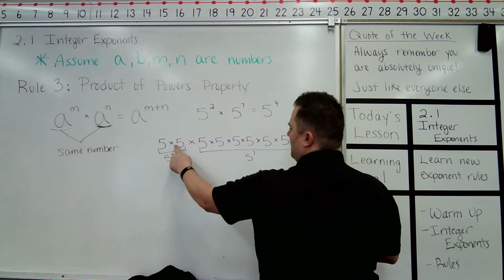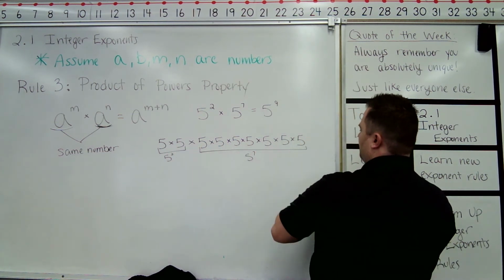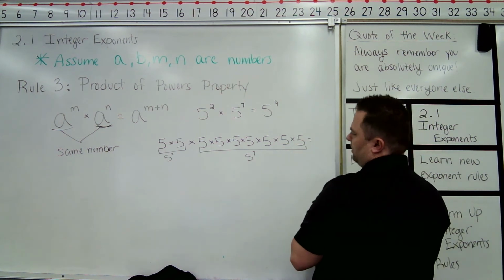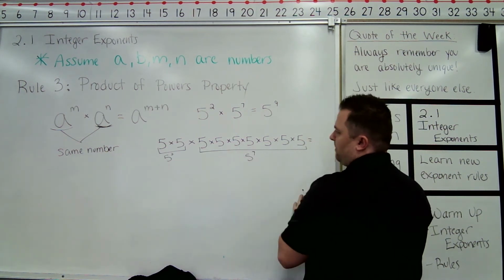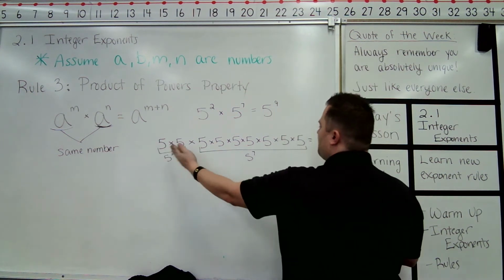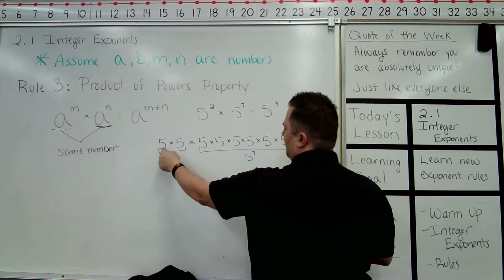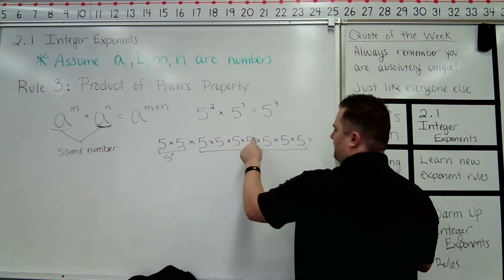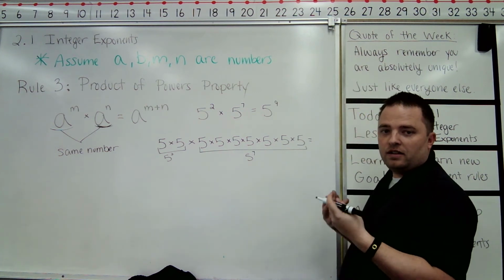Well, 5 times 5 times 5 times 5 times 5 times 5 times 5 times 5 times 5. What is that equal to? Another way to rewrite this is as repeated multiplication. That's what exponents are. I'm multiplying 1, 2, 3, 4, 5, 6, 7, 8, 9, nine 5's together.